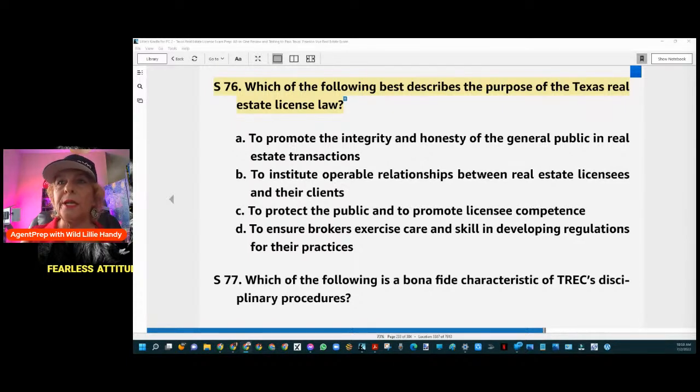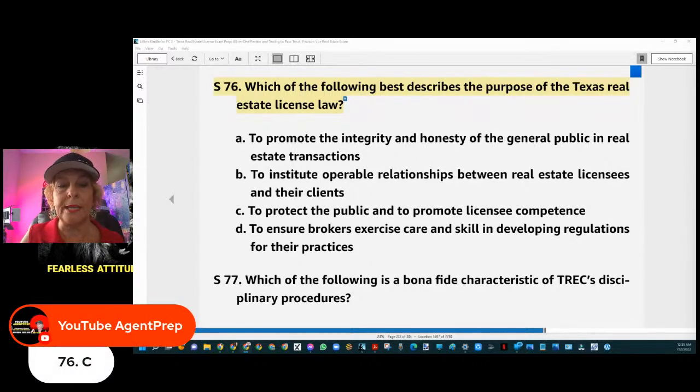So the answer here is C, to protect the public and promote licensee competence. So that's why we're required to take more courses for continuing education, our CE classes, because a lot of times individuals don't learn how to protect and take care of clients.